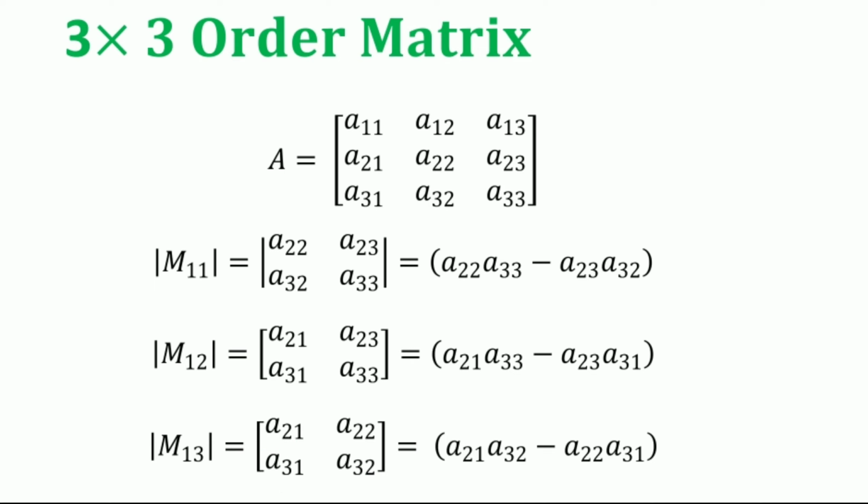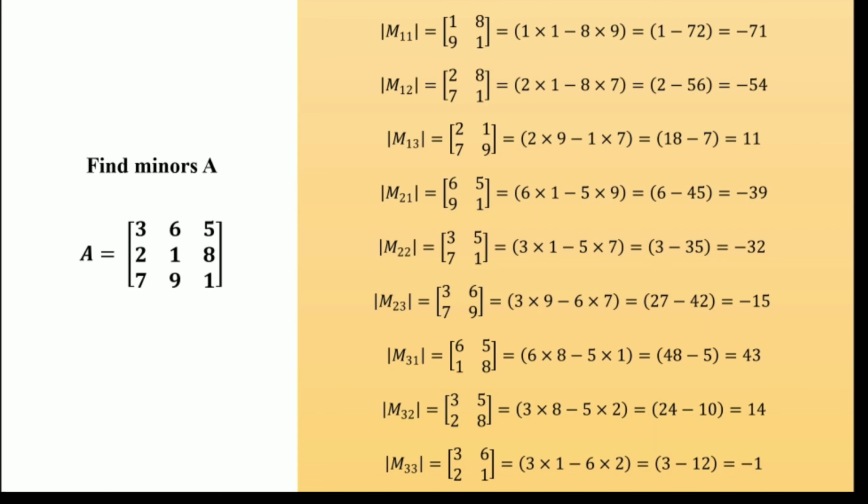In a similar way, we can find the remaining minors: M21, M22, M23, M31, M32, and M33. Consider a numerical example of a 3 by 3 order matrix. We want to find the minors of the given matrix A equals 3, 6, 5, 2, 1, 8, 7, 9, 1.